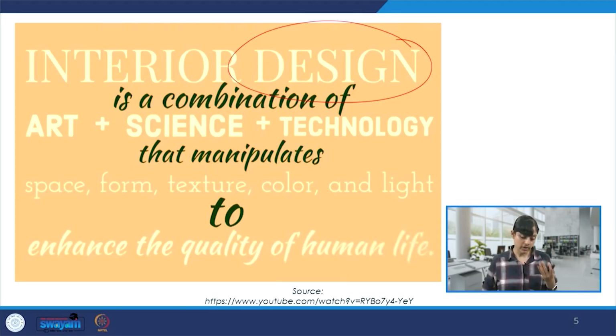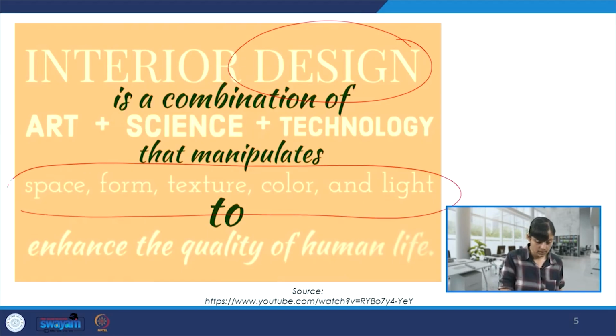And while we are doing this, how do we manipulate space, form, texture, color, and light, or use them to the best advantage for creating spaces that enhance the quality of human life? It is also very important to understand that there is a profound art, science, and technology, all of these put together, which results in the creation of an experience.